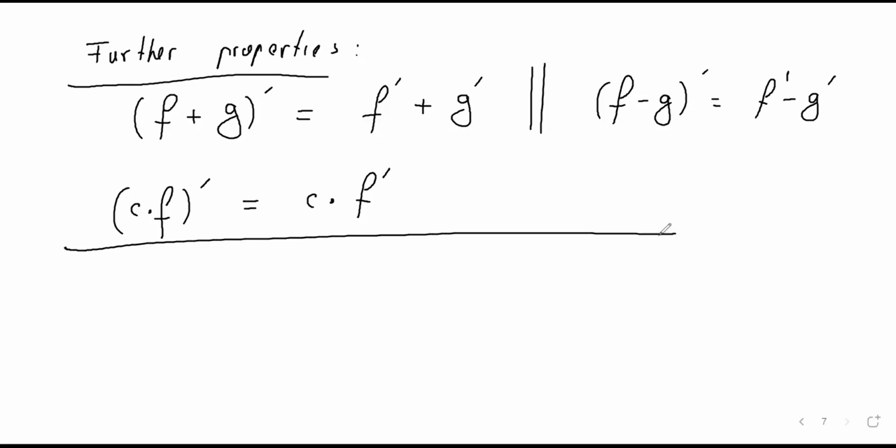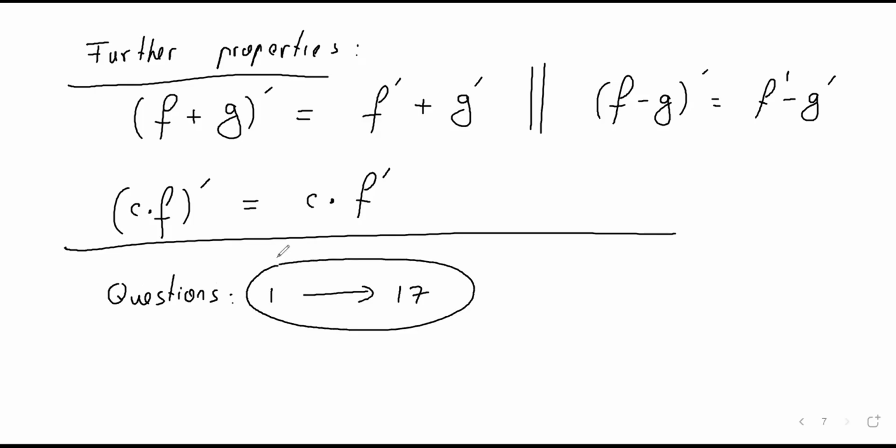I want everybody to go home and do the exercises, questions from 1 through 17. Do all these problems because they are all good problems and they all use the rules that we learned up to this point.